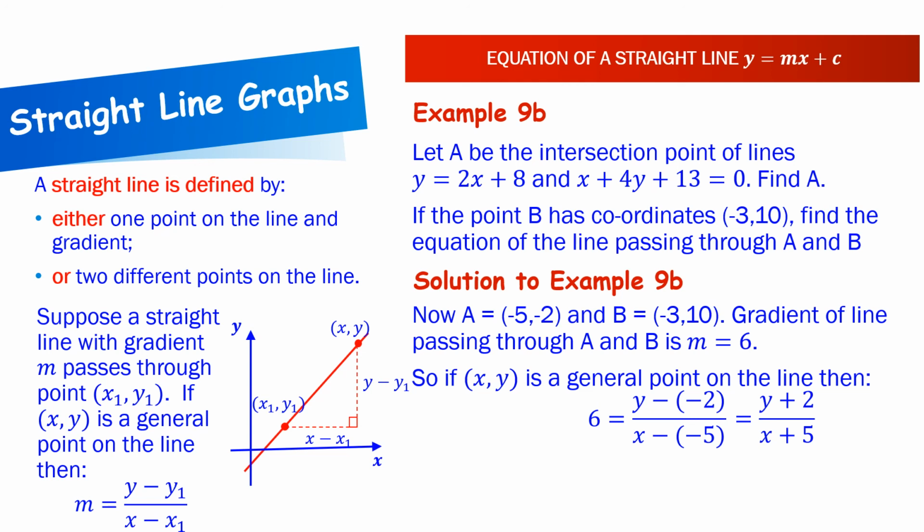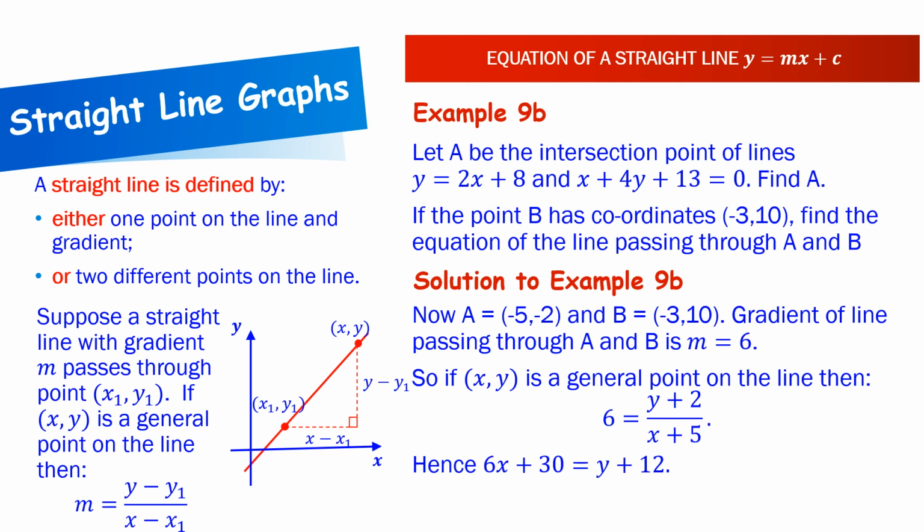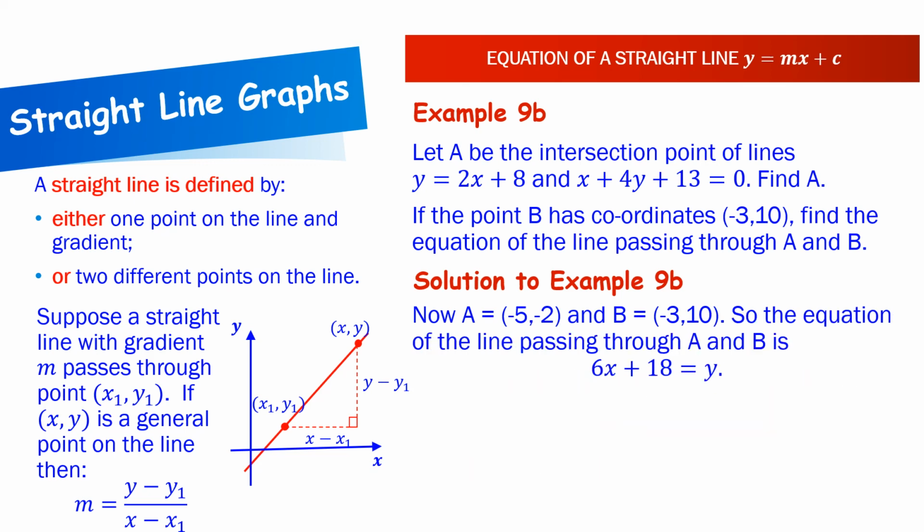And therefore 6x plus 30 equals y plus 12. And tidying up some more gives 6x plus 18 equals y. So the equation of the line passing through A and B is 6x plus 18 equals y.